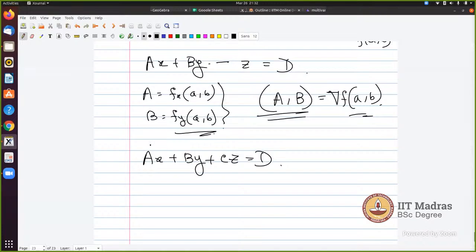And the vector which is perpendicular to this plane, whose points are x, y, ax plus by, is exactly a, b comma -1.